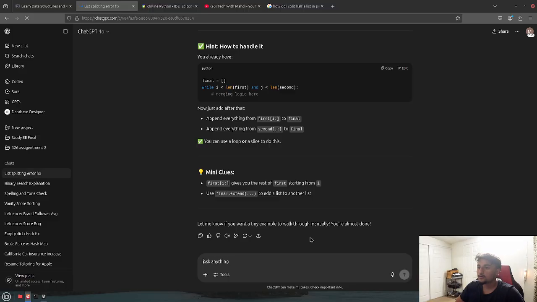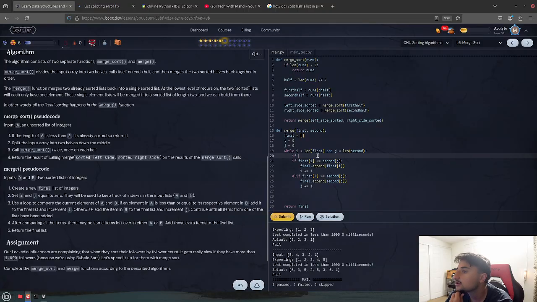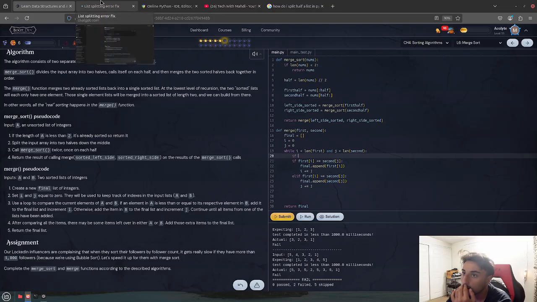You can use a loop or a slice to do this. Equals first I gives you the rest of the first, starting from I. I don't know how to do it, bro.